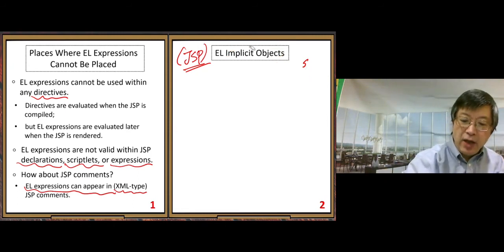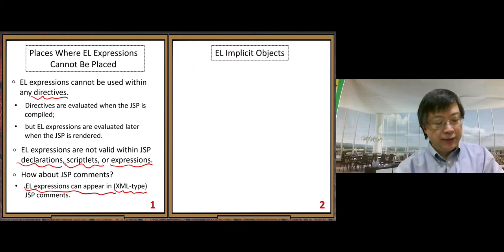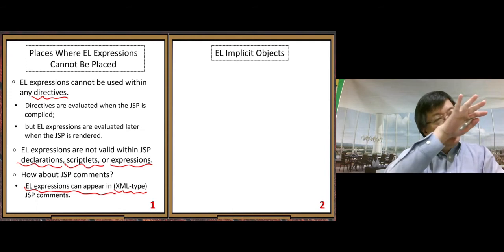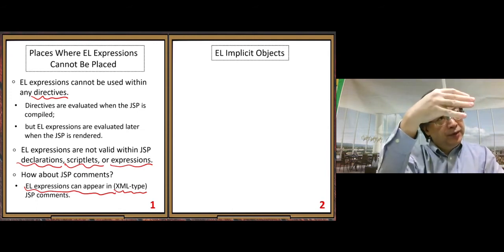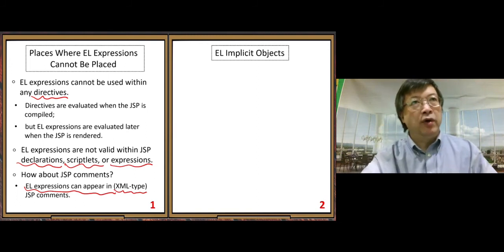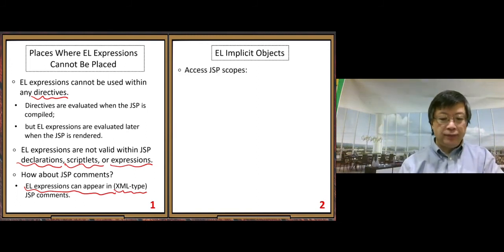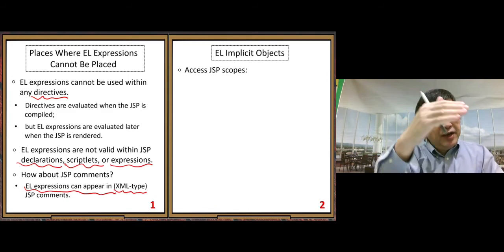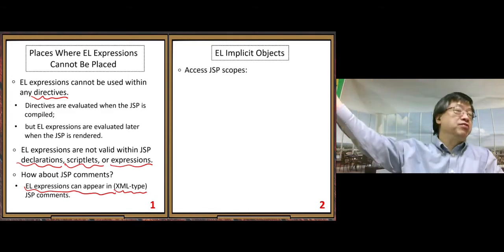So let me go through all of them. Not too many. We use different categories to organize these implicit objects. First, access JSP scopes.